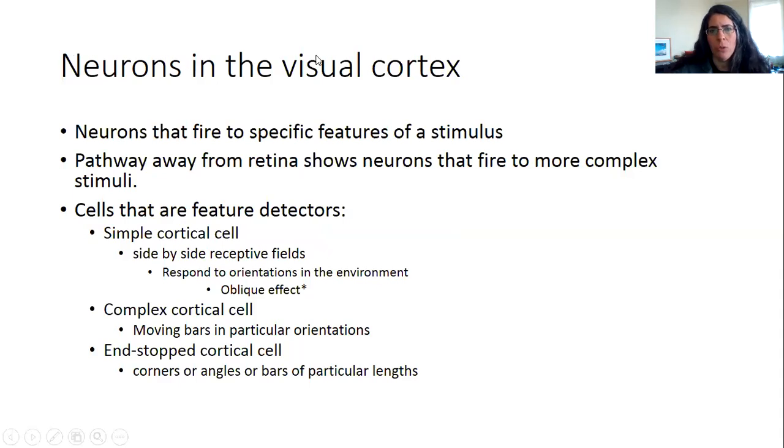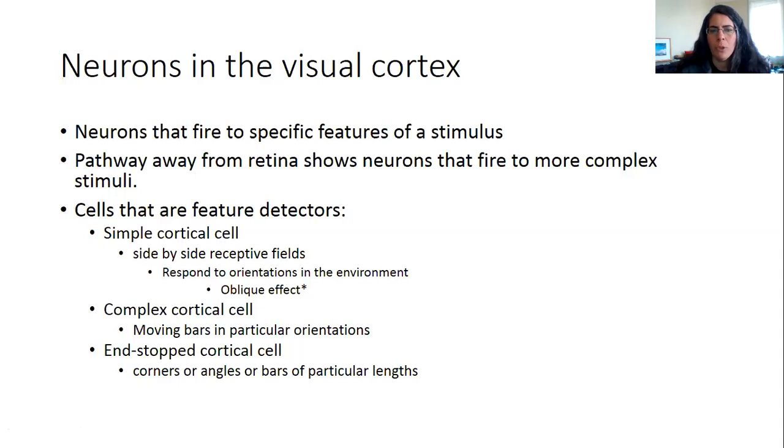When we move into the cortex, into area V1 and beyond, neurons begin to fire to more complex and more specific features. Cells in the visual cortex are called feature detectors, and we have cells in V1 that are simple cortical cells. They have side-by-side receptive fields.